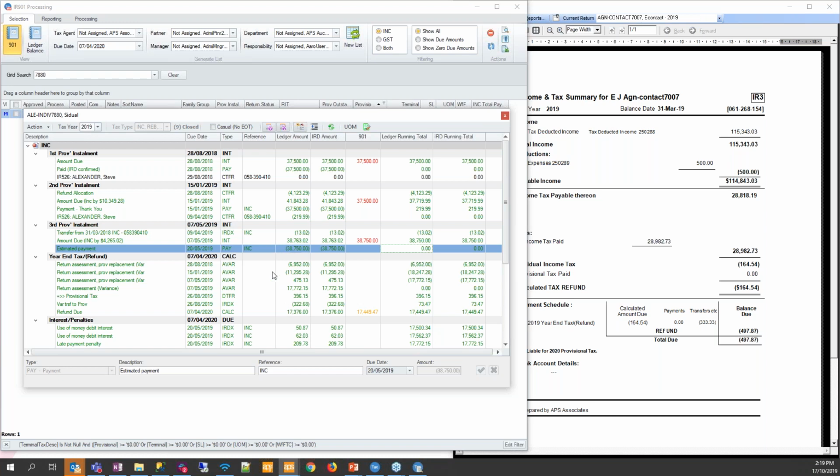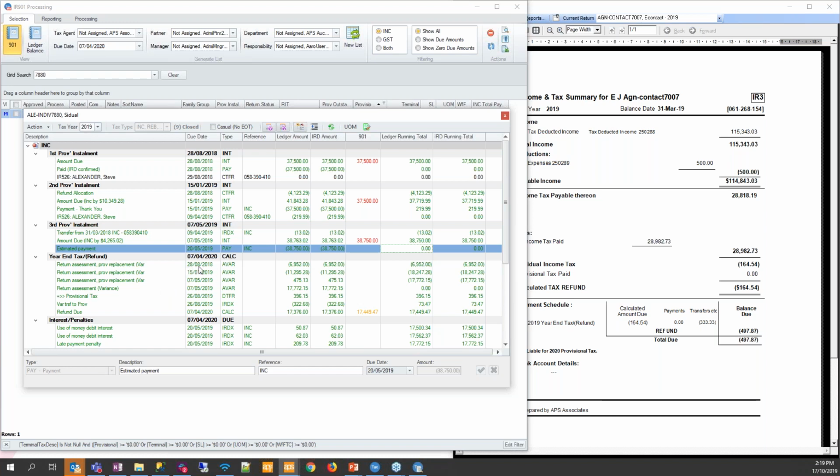Yes. So the way to get around having that extra line, which looks a bit weird on the letter, is to put all of the variances in the terminal tax or year-end tax area. So we would like feedback on that.